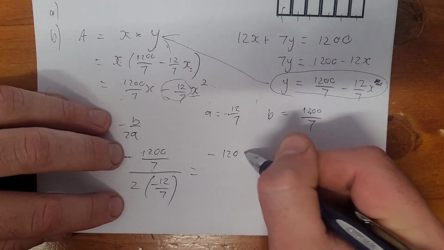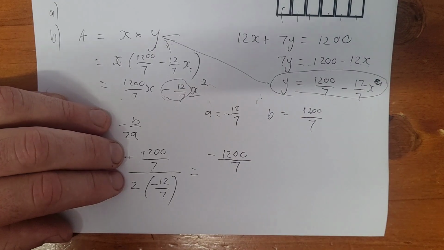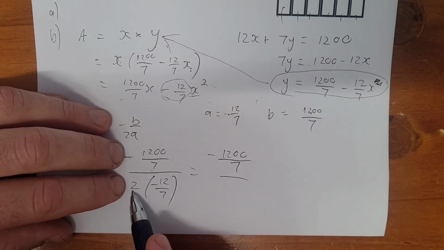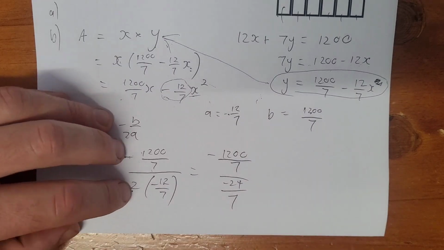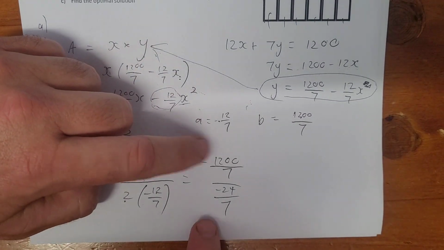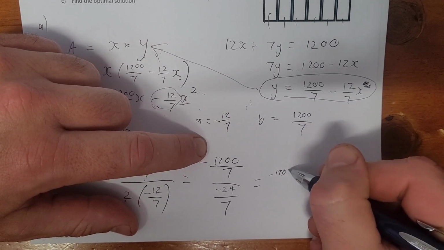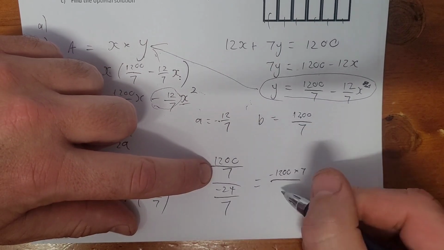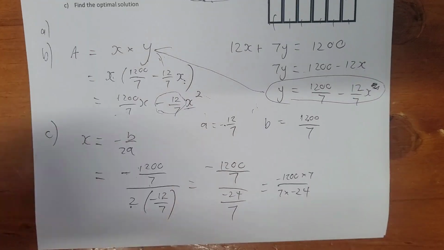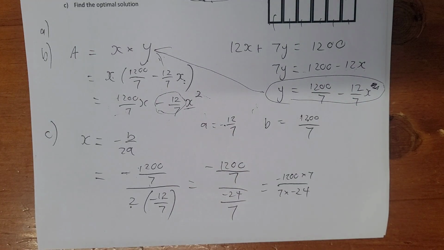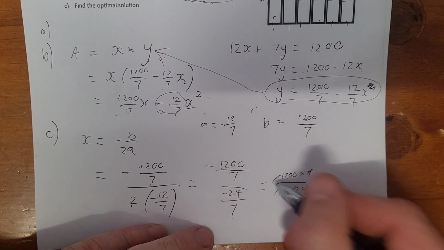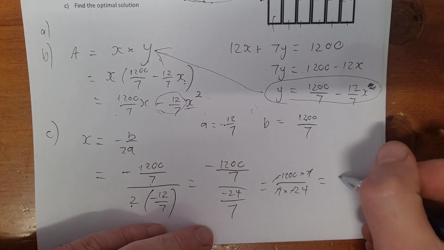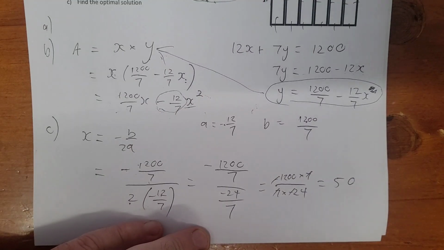So what we've got is minus 1,200 on 7 on top of here, we have 2 times minus 12, minus 24 on 7. And then we would just do A times D, 1,200 times 7 on top of B times C, 7 times negative 24. Now 7 will cancel because it's common to both the top and the bottom. And the negative will cancel. And we have 1,200 divided by positive 24. That gives us 50. So the x value that provides the optimal solution is 50.